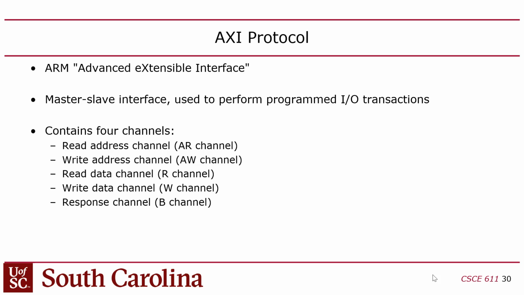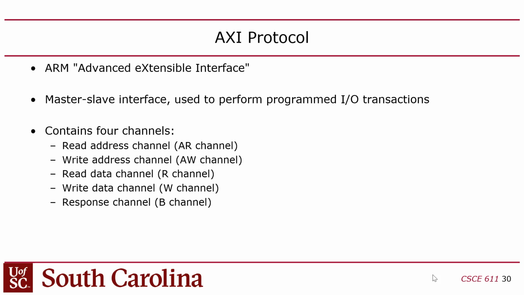It has a read address channel, a write address channel, a read data channel, a write data channel, and a response channel. And the idea is that if I want to perform a read on the bus and I'm a master, I indicate that by putting an address out on the read address channel. And then, of course, that address will define one of the targets, slaves, on this bus I want to read from, right?